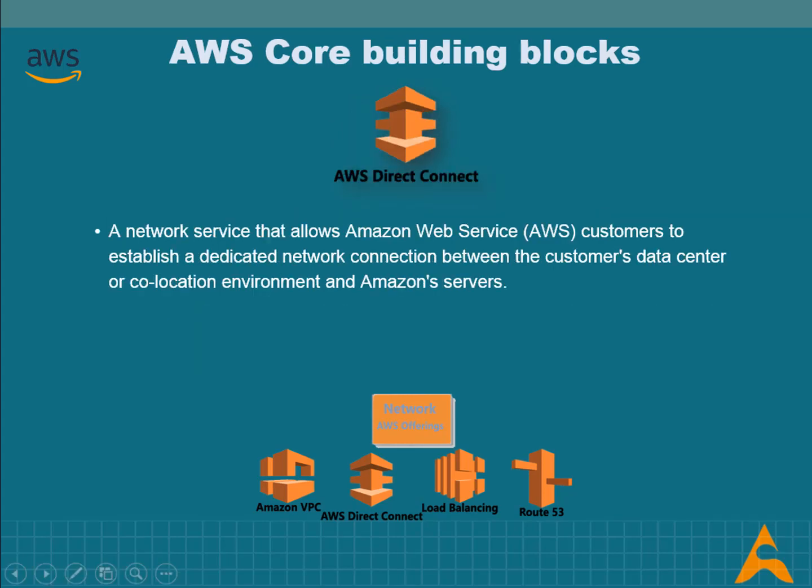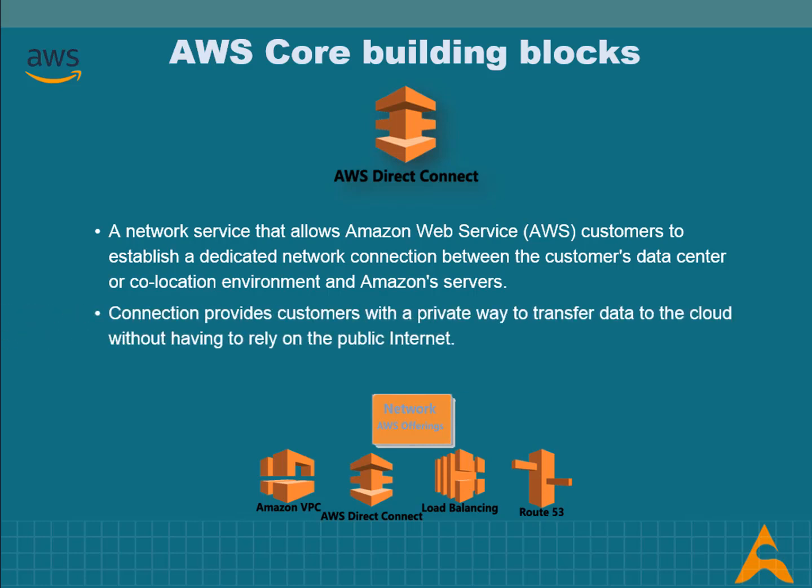Let's further talk about AWS Direct Connect. AWS Direct Connect is a network service that allows Amazon Web Services customers to establish a dedicated network connection between the customer's data center or co-location environment and Amazon servers. This connection provides customers with a private way to transfer data to the cloud without having to rely on the public internet.